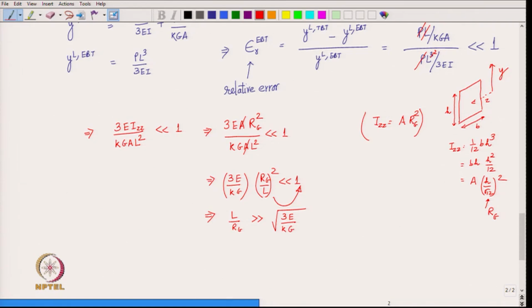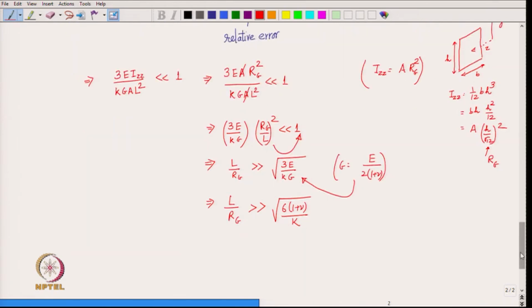And if it is an isotropic beam, then we know that G is equal to E over 2 times (1 plus nu). So, let us substitute that here, and this implies L/R_g should be much greater than the square root of 6(1 plus nu) divided by the correction factor k.